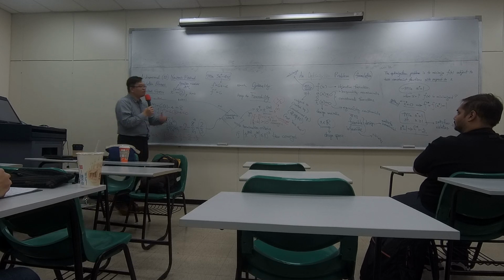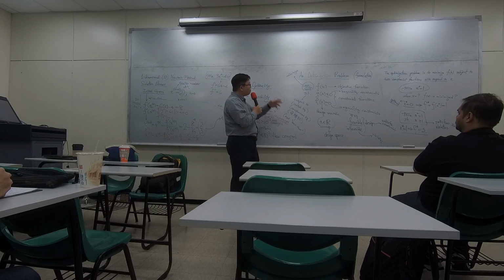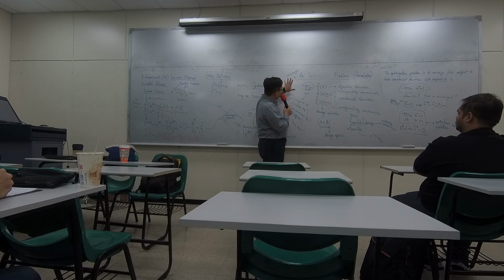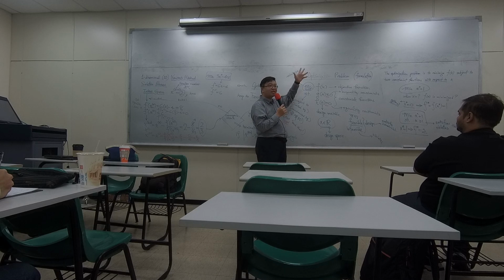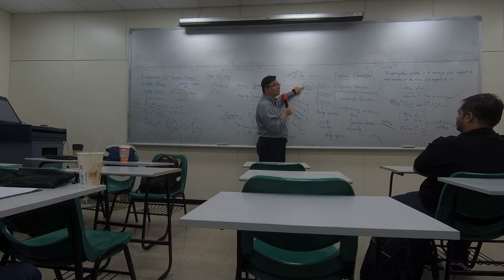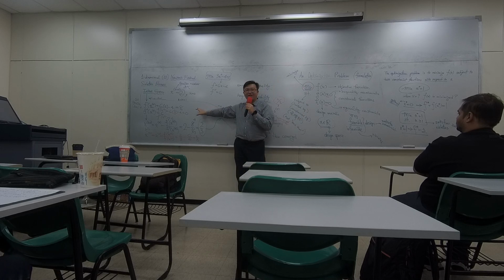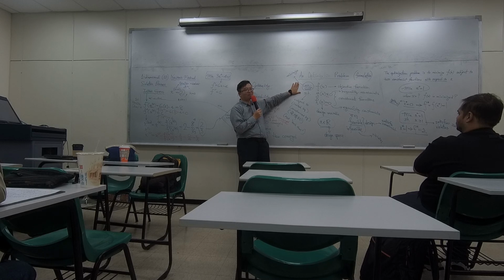Okay, let me review what has been given to you. An optimization problem has an action, usually minimize. You can maximize it, but usually minimize, because all the algorithms have been derived based on minimizing problems.